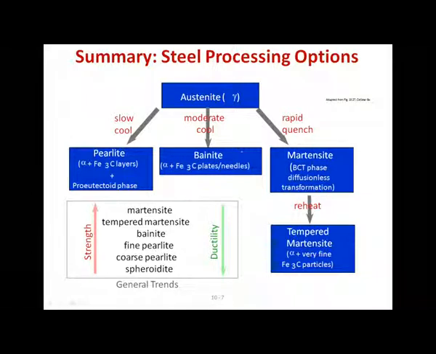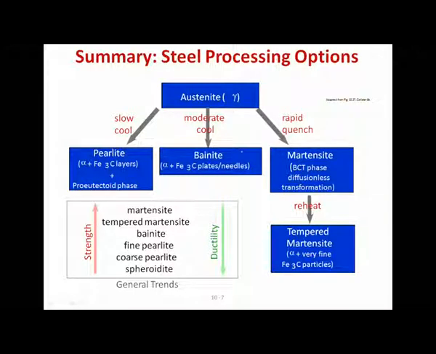or drop the temperature into the pearlite region and hold it for a certain amount of time, we'll get pearlite. If diffusion's high enough, or we cool it slowly enough, we'll get that equilibrium microconstituent, the alternating layers. If we have a moderate cool, we cool it a little bit faster, we'll still get alpha and cementite, but it'll be those needles or small grains of alpha with little precipitate rods of cementite inside.